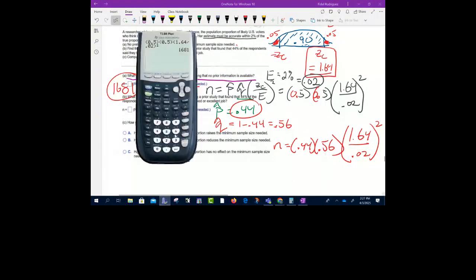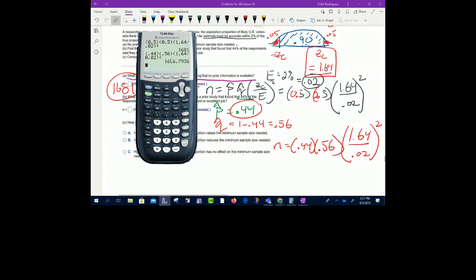So the only change we're making is those first two numbers. So 0.44 times 0.56, times 1.64 divided by 0.02, square it, and hit enter.